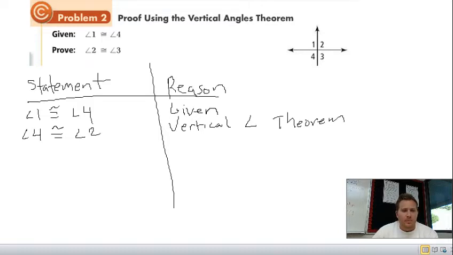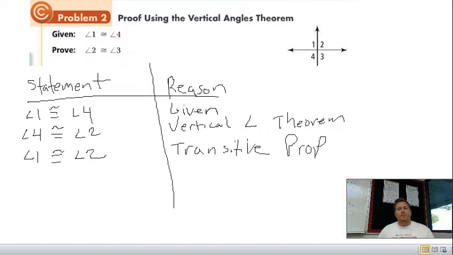So I would say angle 1 is congruent with angle 2, and my reasoning is the transitive property.